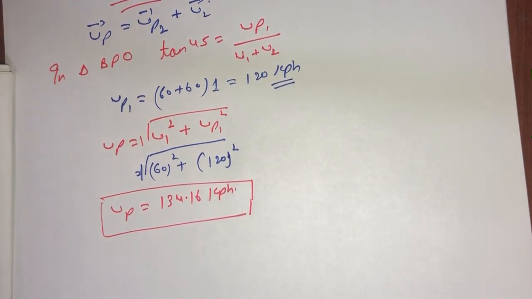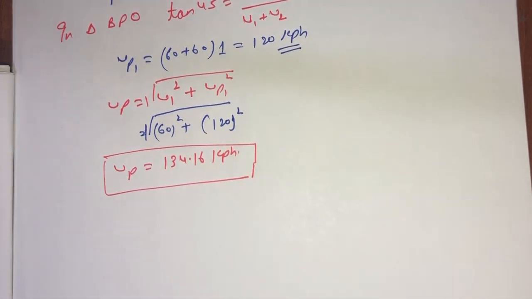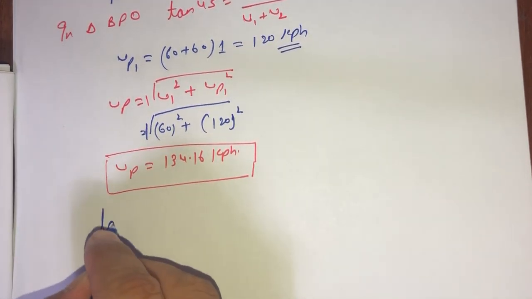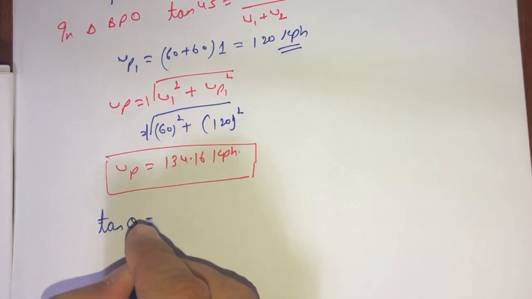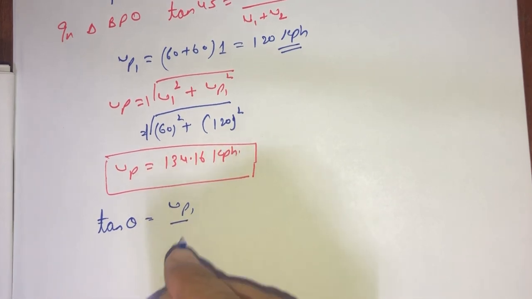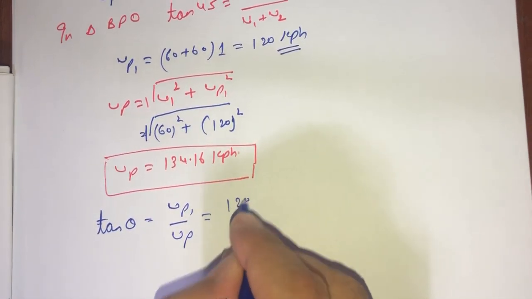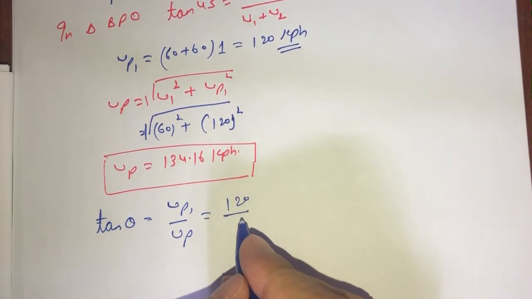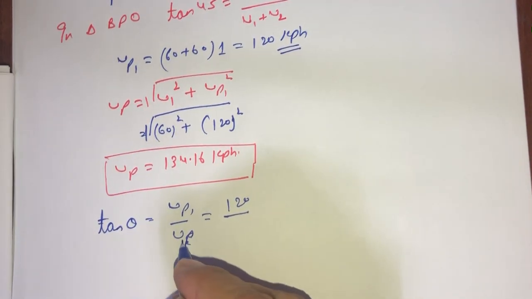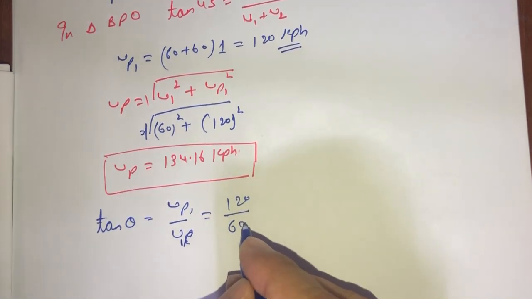And second, it has asked for the direction. So we can find out tangent of theta. We can say that tangent of theta will be equal to Vp1 divided by V1. Vp1 is 120 and V1 is 60.